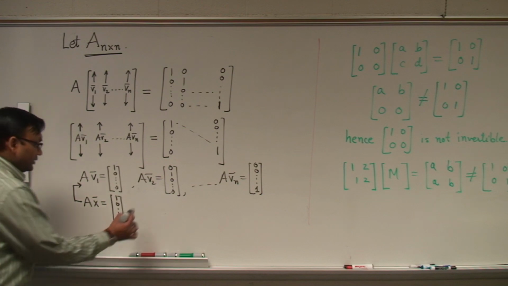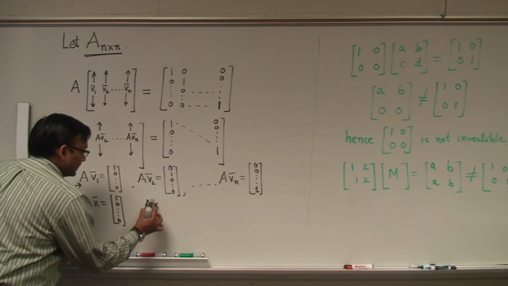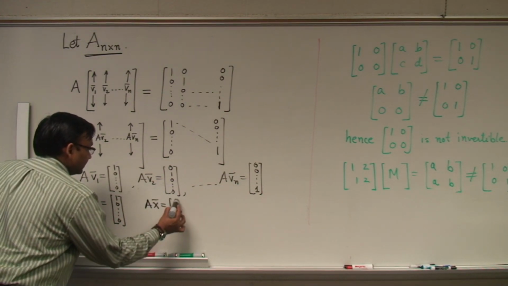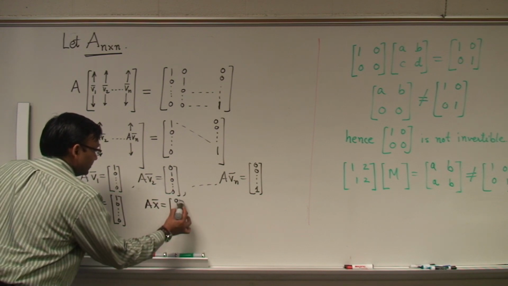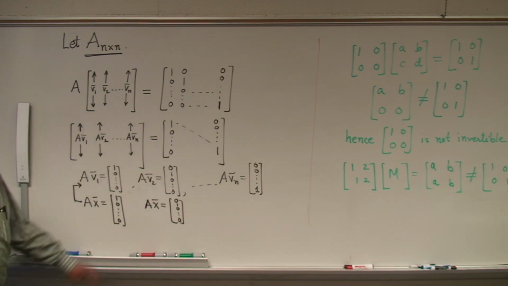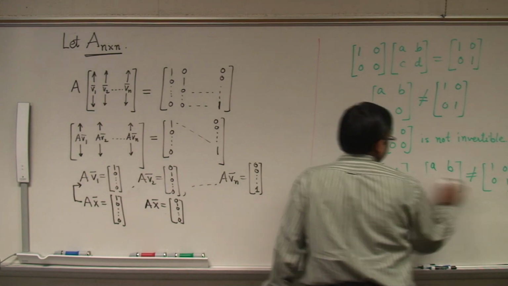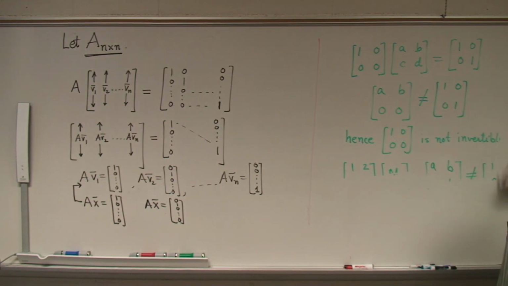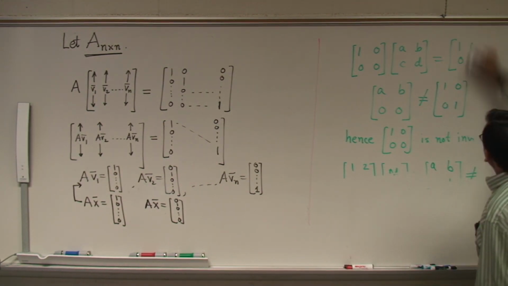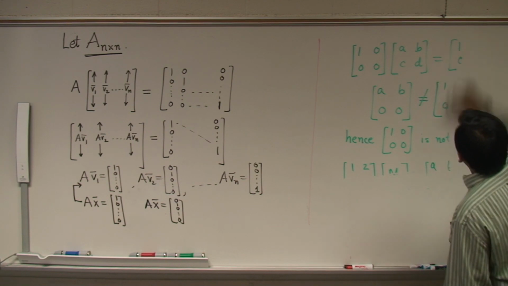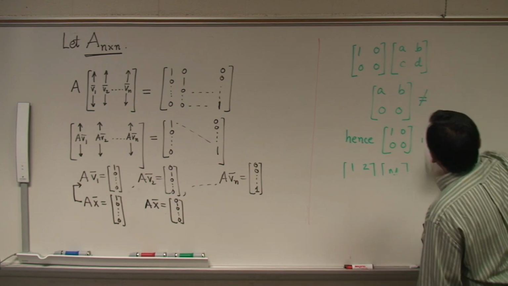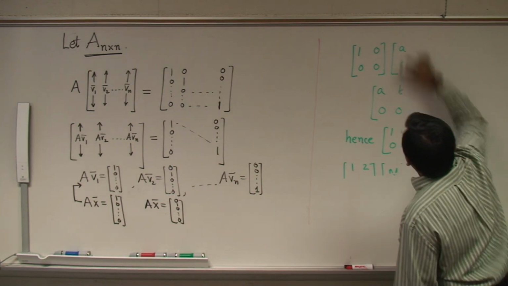Likewise, would you agree, out here I'm saying that the system of equations given by Ax is equal to 0, 1, 0, 0 must be consistent. And if it is consistent, it has a solution V2. So this tells us that if I am looking for the inverse of a matrix, then it should satisfy some criteria.